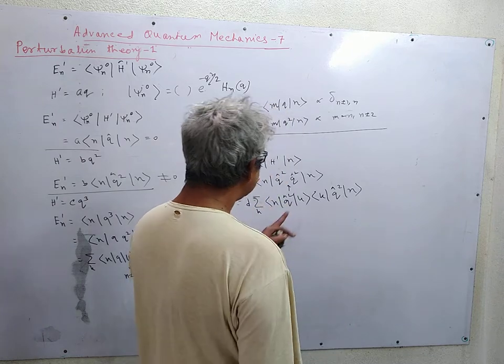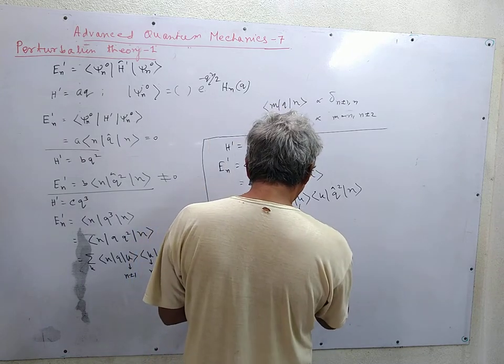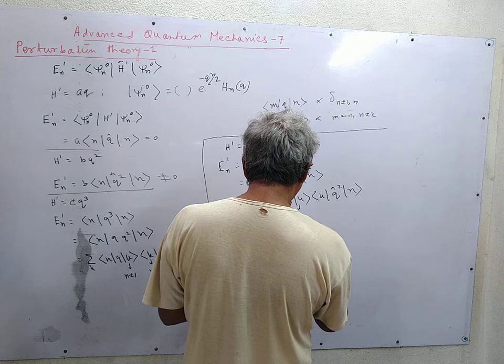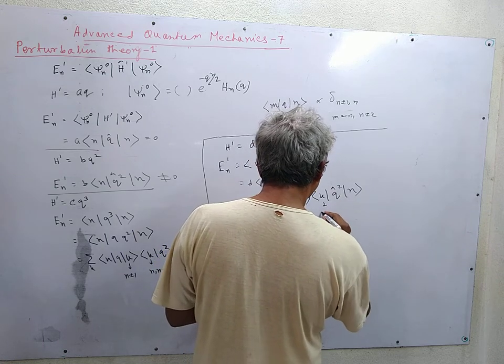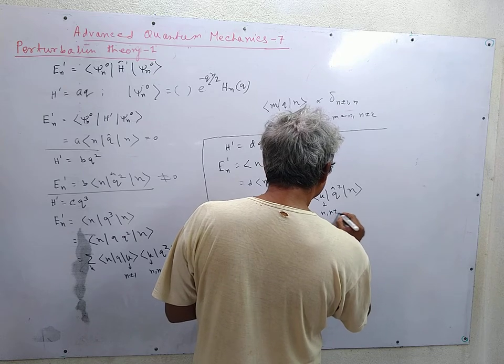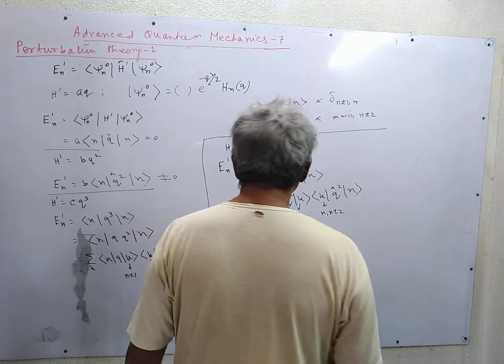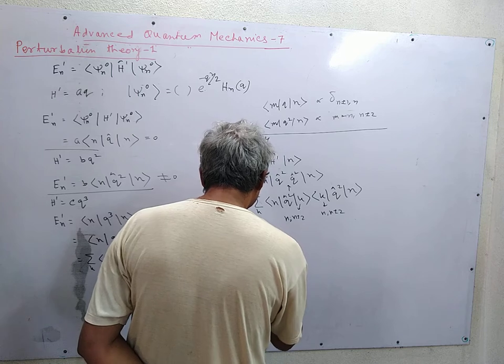We know that this contributes when k is equal to n and n plus minus 2. The same thing is valid for the other factor. So there are three contributions.